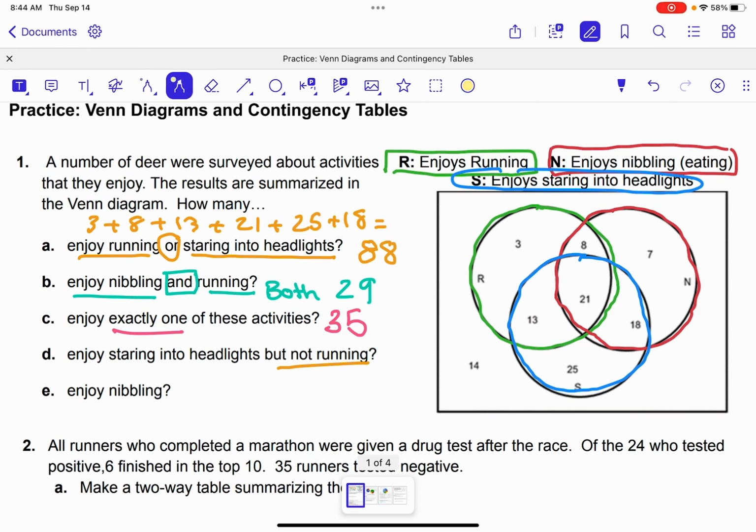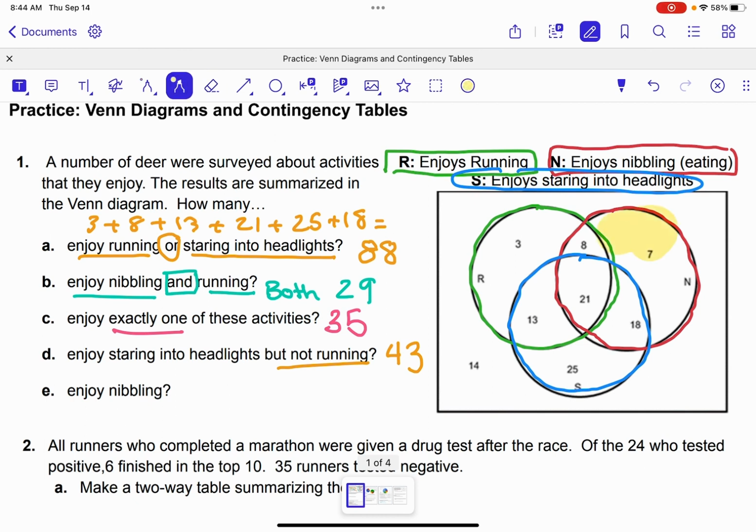So I want nothing in the green circle, but everything else in the blue circle. So it'd actually be these two numbers, the 18 plus 25. And when I add those two numbers together, I would get 43.